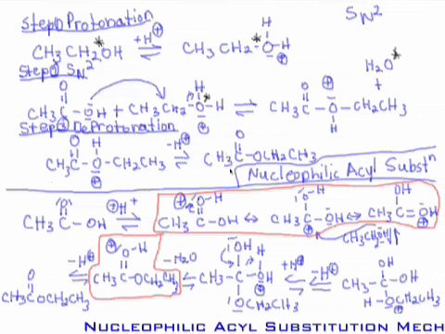If, however, you follow the oxygen on the ethanol in the nucleophilic acyl substitution mechanism, you discover a different location for the oxygen of the ethanol. In the nucleophilic acyl substitution, the oxygen of the ethanol ends up in the ester. In the SN2 reaction mechanism, it ends up in water.